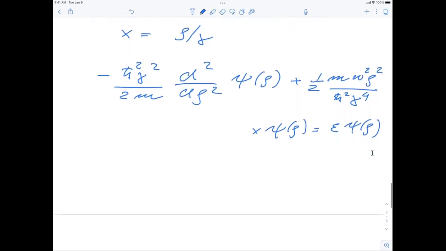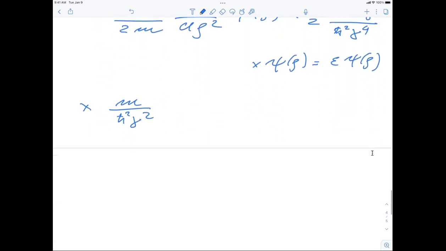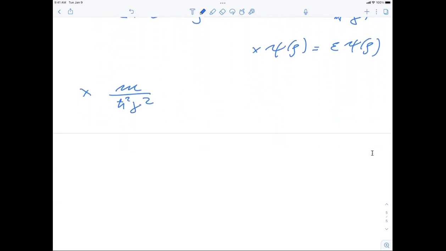Now, what I'm going to do next is simply to multiply away. So I multiply with m divided by h bar divided by gamma squared on both sides of the equation. And then what I get is an equation which has a minus 1/2 of d rho squared. Remember that the wave function doesn't have any dimension.